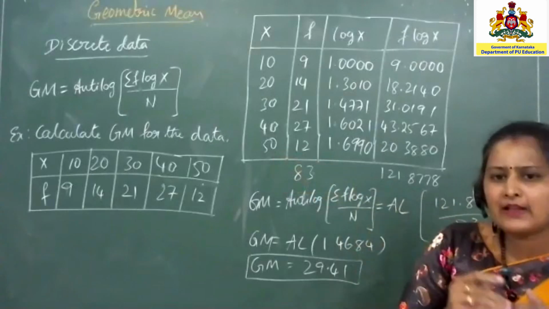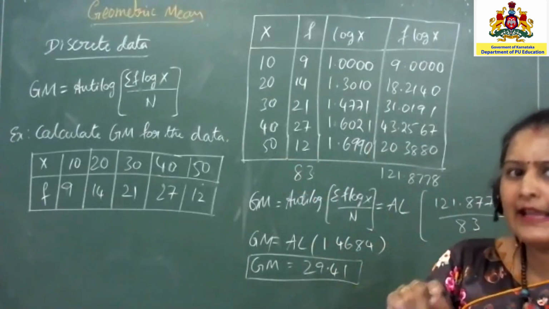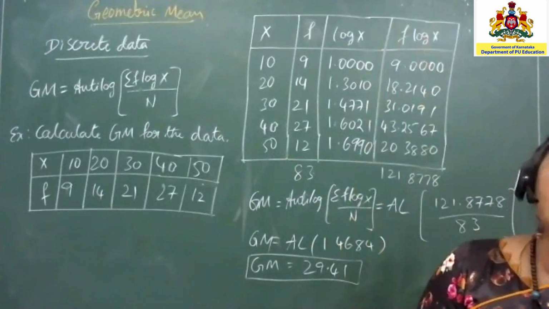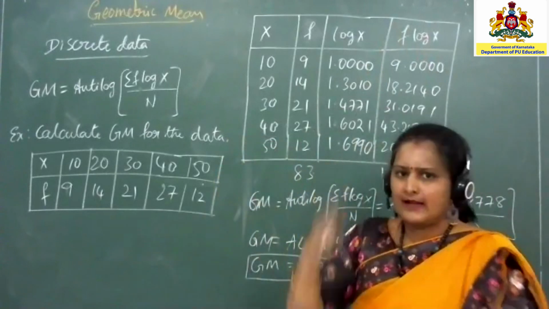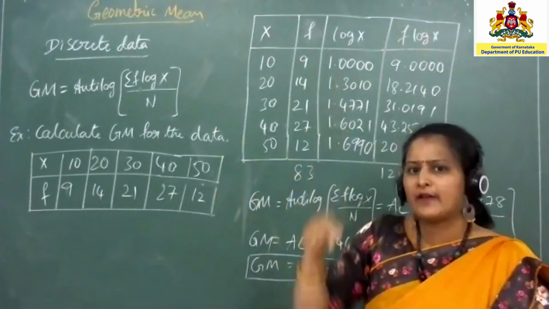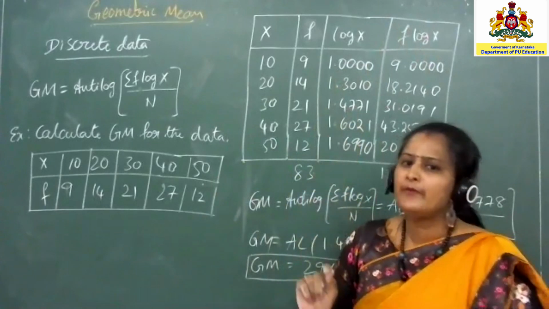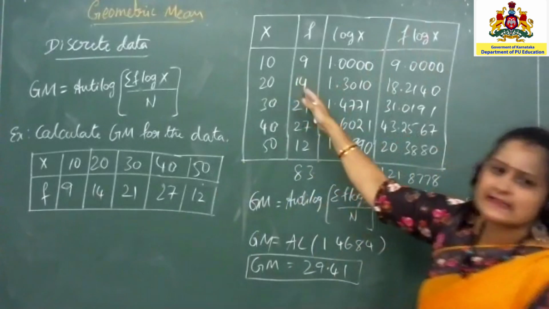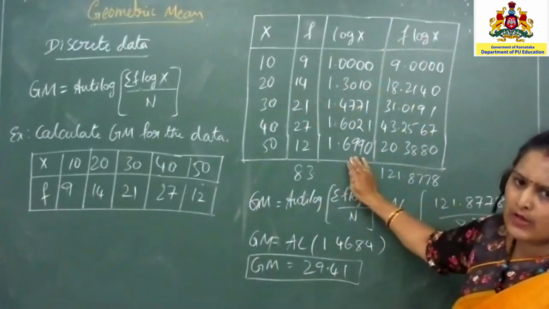You should see the value horizontally for the x value, that is 10, and vertically under 0, because you don't have the next digit. So this is how we have found log x.